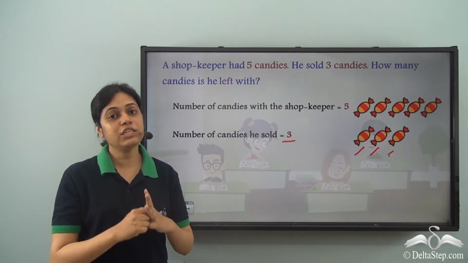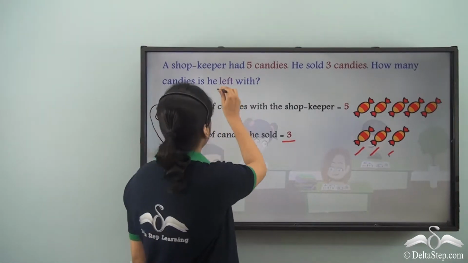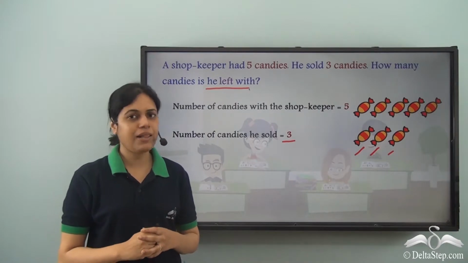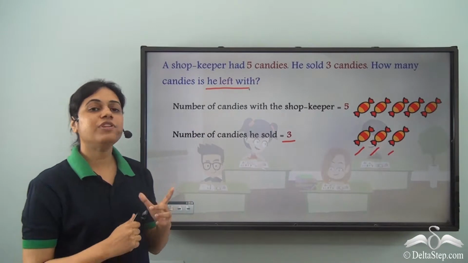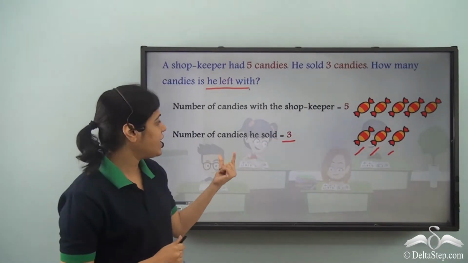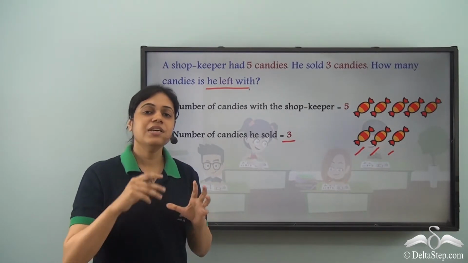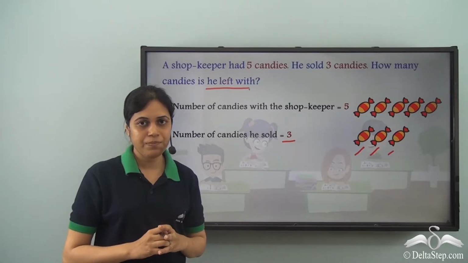Now what do we need to find? We need to find how many candies is he left with. So can you help the shopkeeper? Well, yes. So left with means he first had 5 and he sold 3 candies. That means someone took away those 3 candies from him.